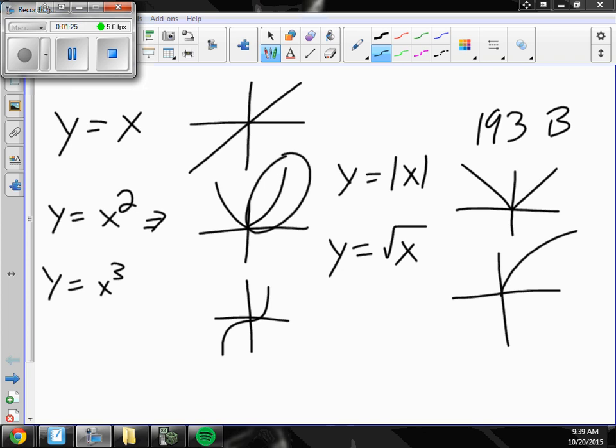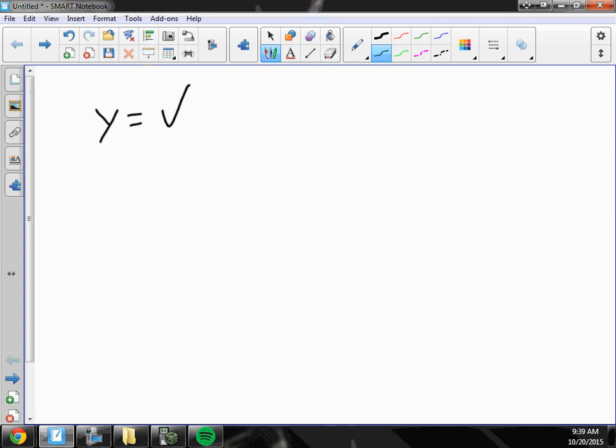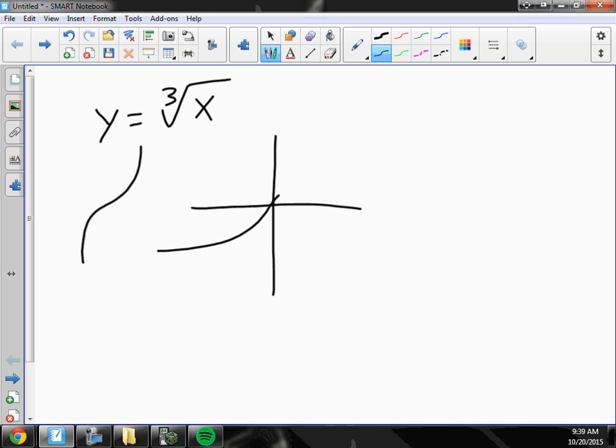And what about y equals the third root of x? It's like an x to the third graph, only it's been reflected, so it looks like that. It's the inverse of the x to the third graph, so it's just a reflection.